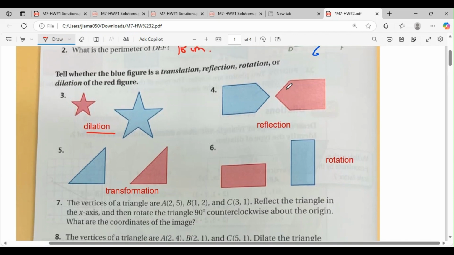This one we can see they have the same size. So we can draw a line between them.